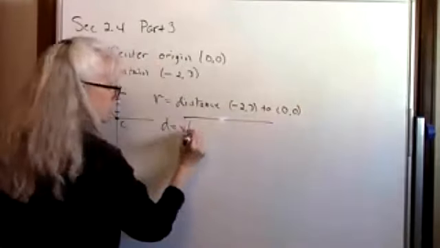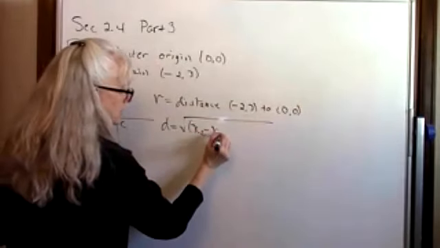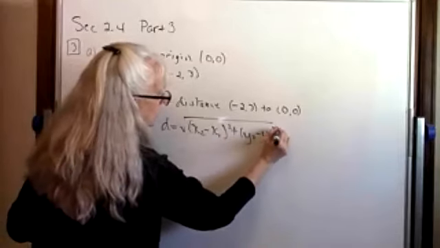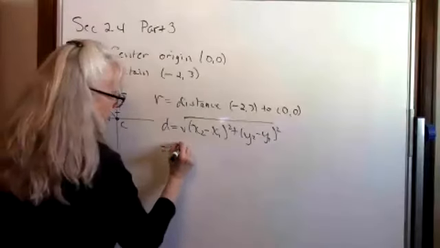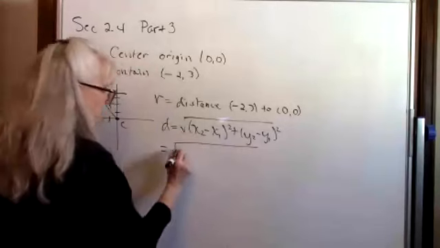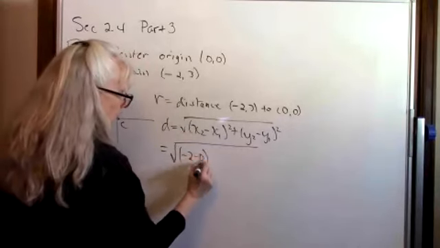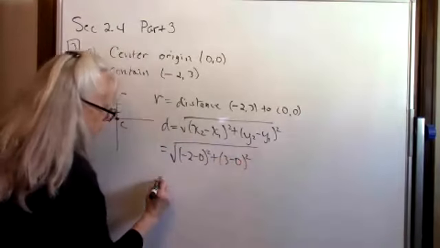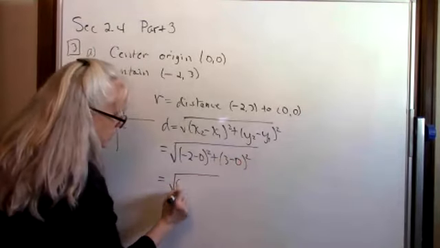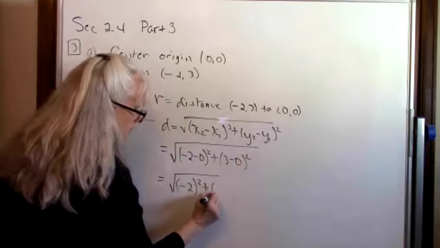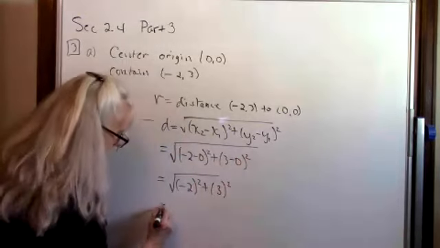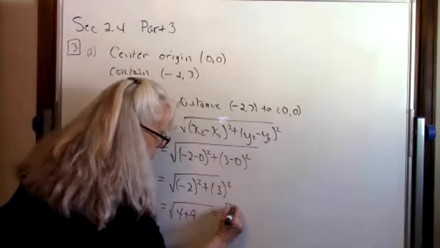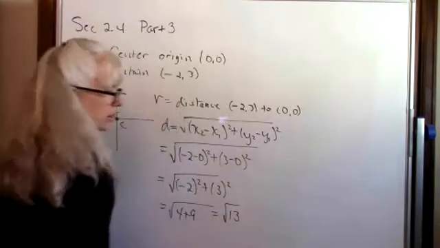So the distance is equal to, if you remember right, x2 minus x1 quantity squared plus y2 minus y1 quantity squared. So I'm going to have -2 minus 0 quantity squared plus 3 minus 0 quantity squared. Let's clean that up really quick. That would be a -2 squared and a 3 squared. So -2 squared is 4, 3 squared is 9. I'm going to end up with the square root of 13. Kind of a bizarre number, but there it is.